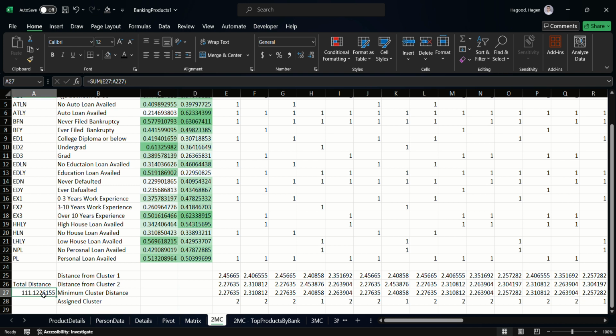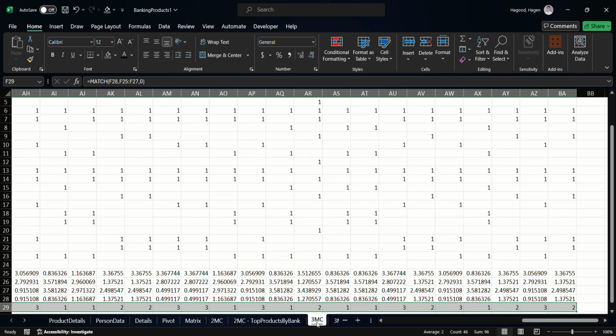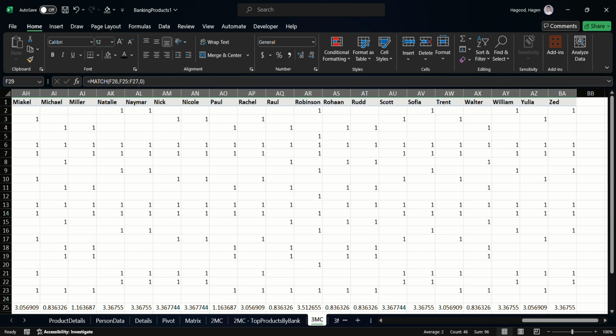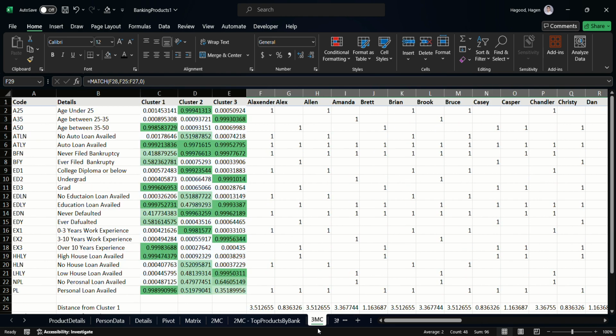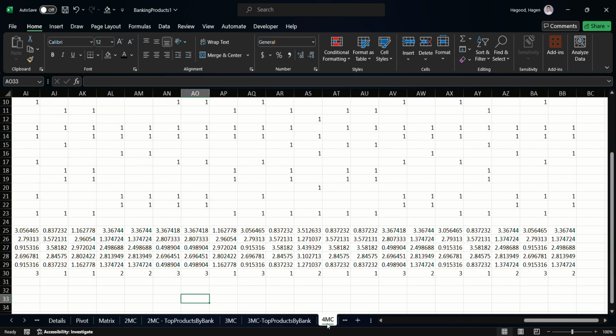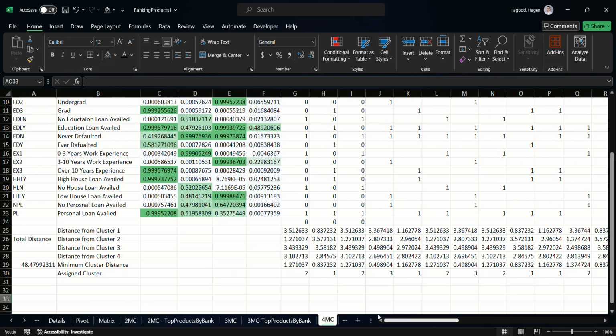I also used the objective of this right here, which is the total minimum distance. I did that 3 different times: for 2 clusters, for 3 clusters, and again for 4 clusters.